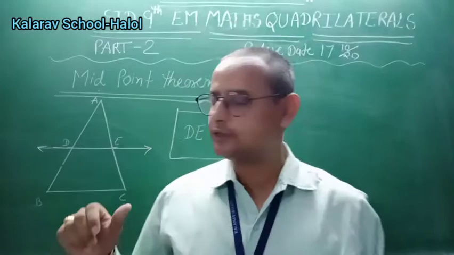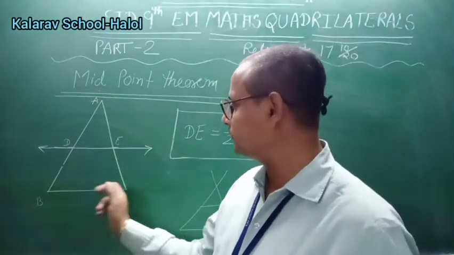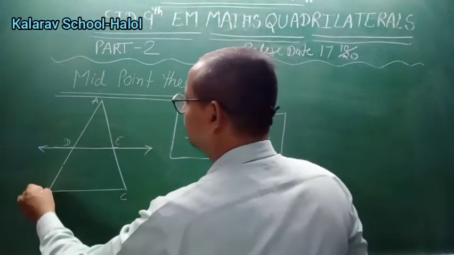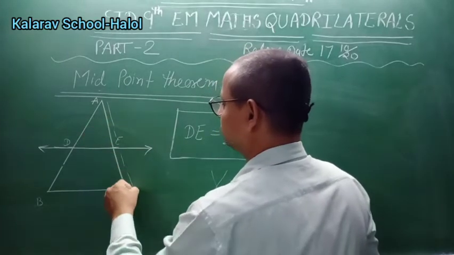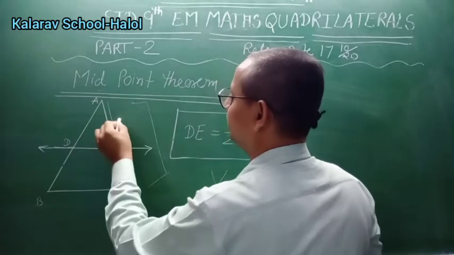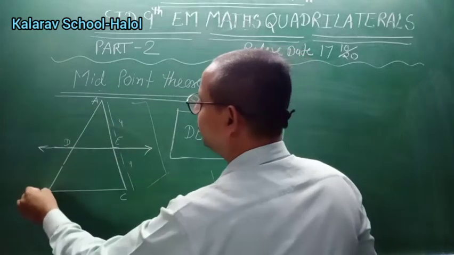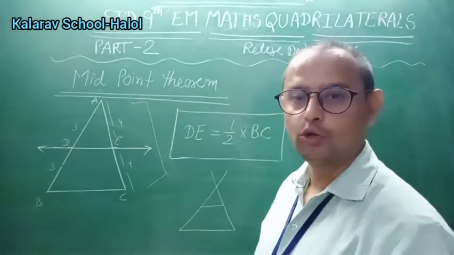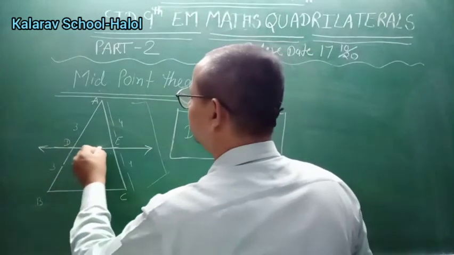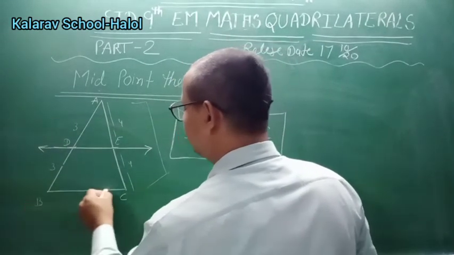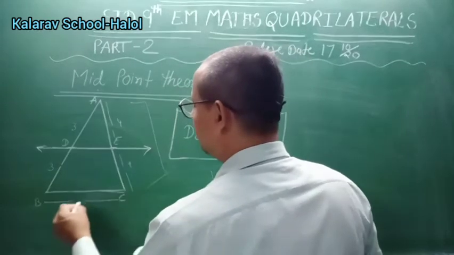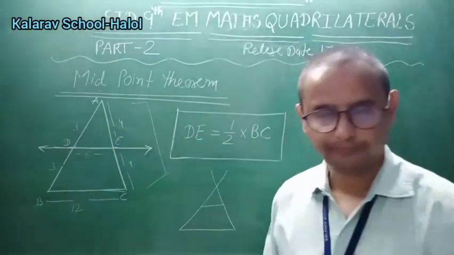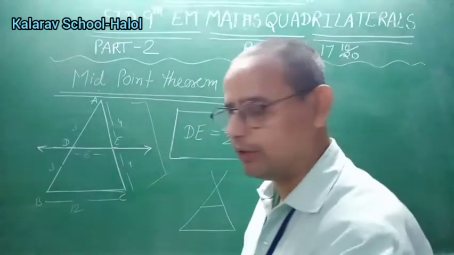So in that situation, if any triangle is drawn and one line intersects its other two sides in equal proportion, meaning if this whole is 8 then this is 4 and this is 4, and if this whole is 6 then this is 3 and this is 3, if it cuts in equal parts, then in that situation this DE becomes half of BC. So if BC is 12 here, then DE, its half, becomes 6. Is it clear? Keep this in your mind.